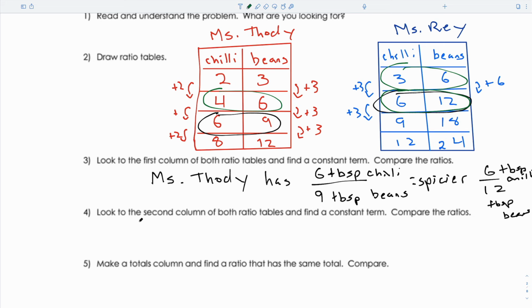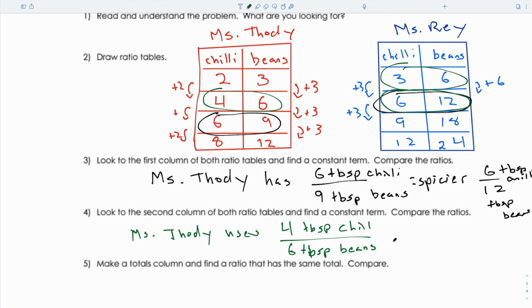Well, when Miss Toady uses 6 tablespoons of beans, she has 4 tablespoons of chili. So 4 tablespoons of chili over 6 tablespoons of beans. In my head, I'm comparing that, and I think that's spicier than Miss Ray's.